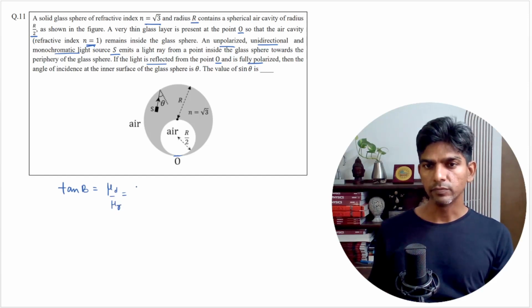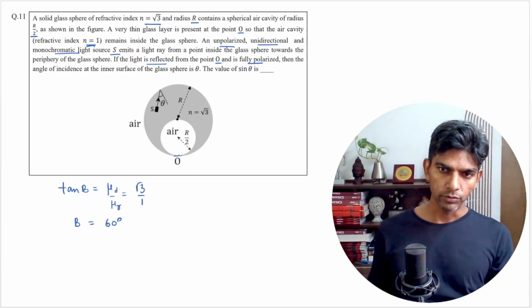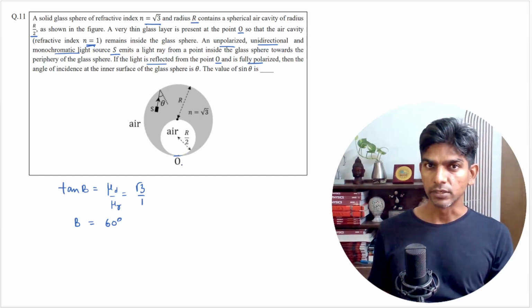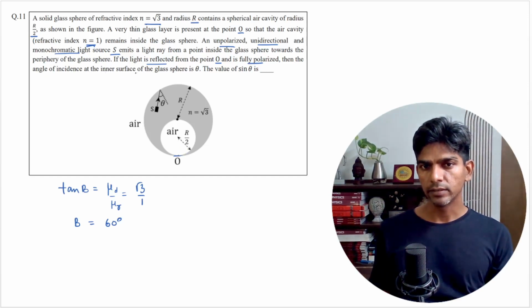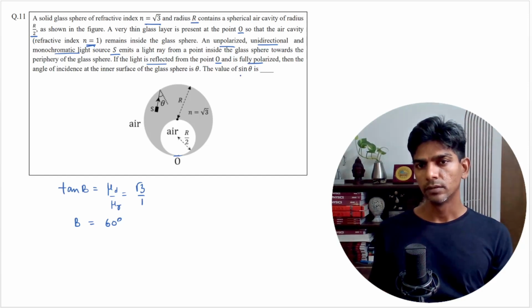So the denser medium will be root 3 and the rarer will be air. So the Brewster angle will be 60 degrees. So it means the light getting reflected at O will have an angle of incidence of 60 degrees. Then the angle of incidence at the inner surface of the glass sphere is theta, the value of sine theta.